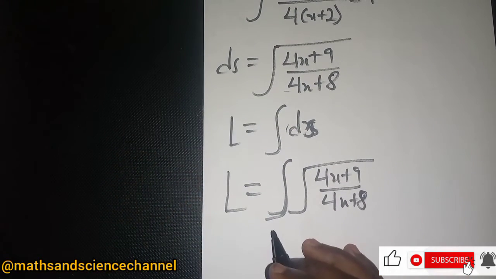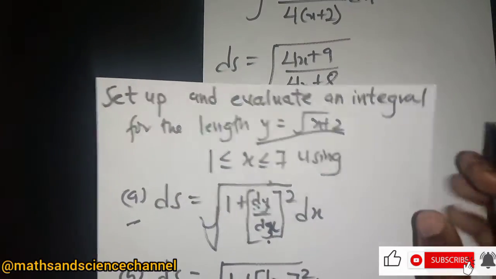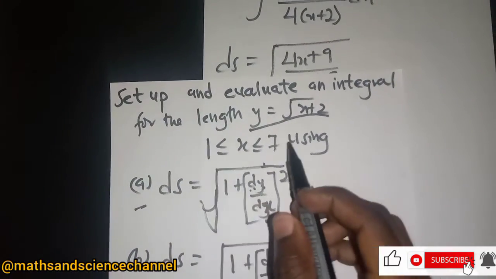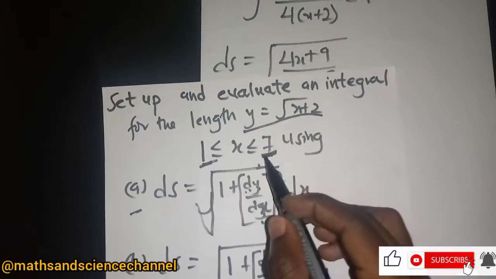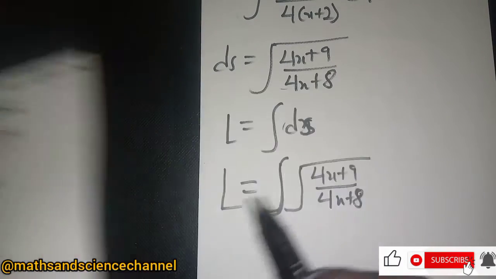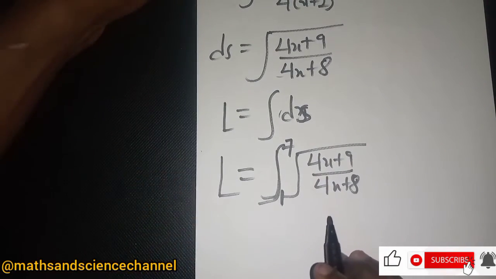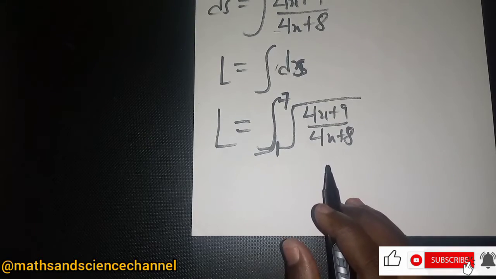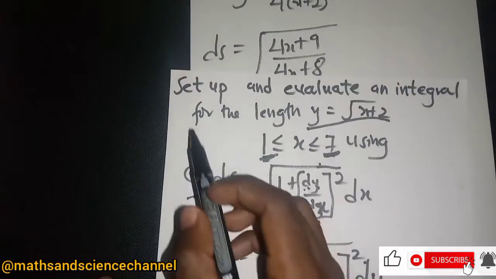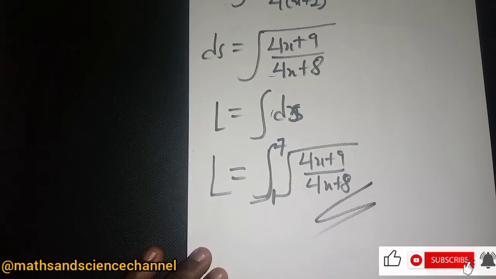Now remember, we have to get the limit of the integral. In the beginning we have that the limit of the integral is given as 1 and then 7. So we have the upper limit and also the lower limit, 7 here, then 1, right? Okay, so this is what we have. Now the question says we are to just set up this. So this is what we have when we set it up.